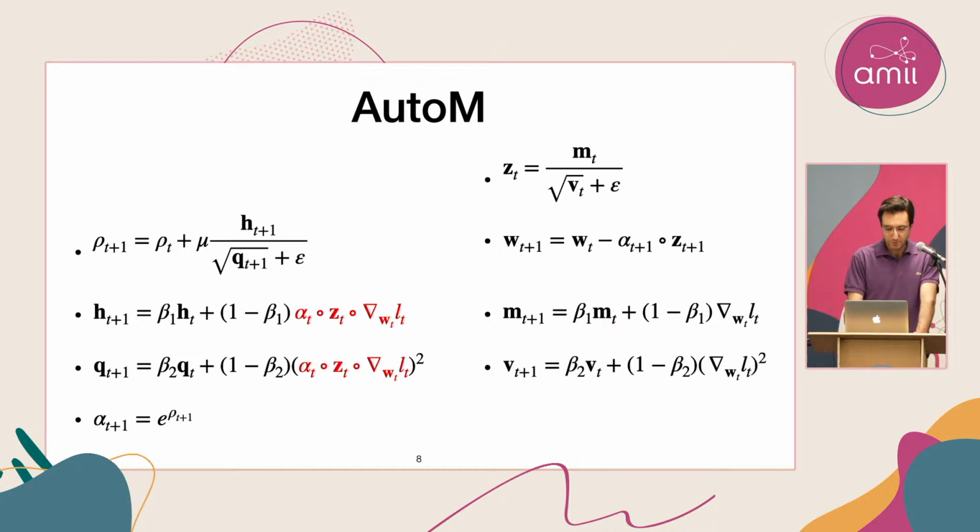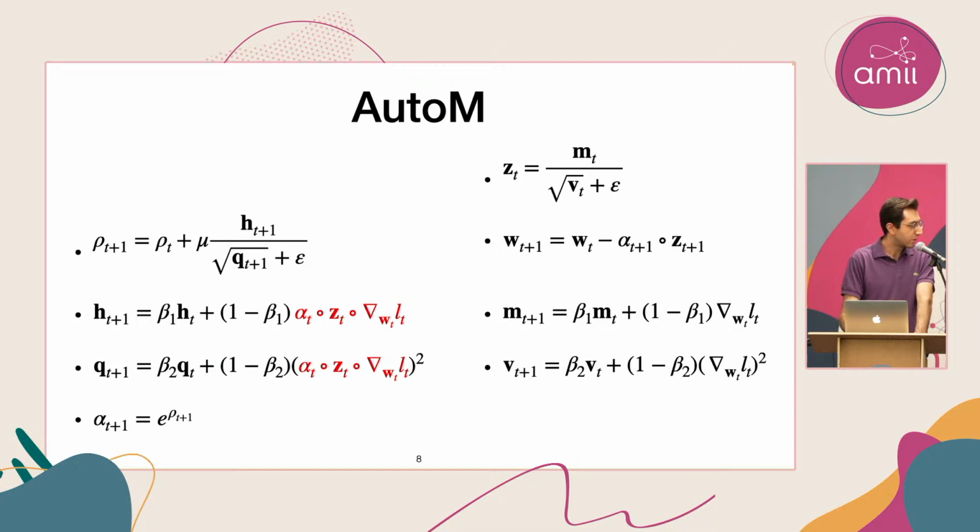And what this is basically doing is, Z is basically a statistic of the direction of past gradients, an accumulation of them, and then if we multiply it by the gradient, delta L, and they have the same sign, it will increase H, and if they have opposite signs, it will decrease H. If it increases H, it will increase rho on the first line on the top left.